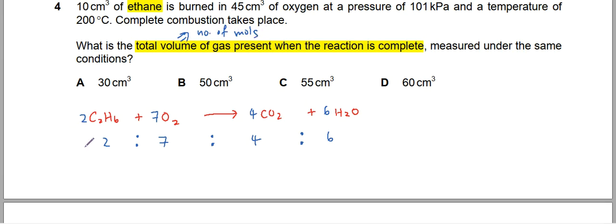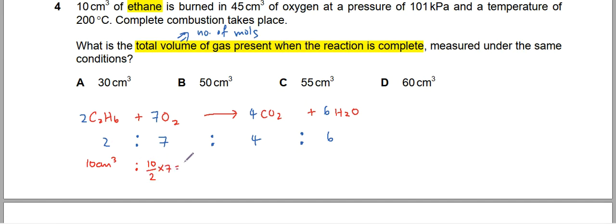So we start with 10 cm cube of this ethane here. From here we can work out the amount of oxygen needed. In this ratio, to work out the oxygen we take 10, first divide by the 2, next multiply by the 7.